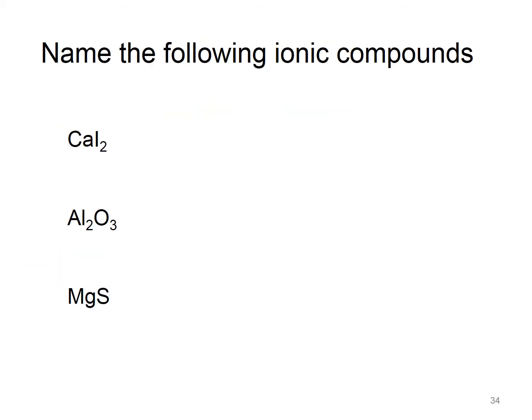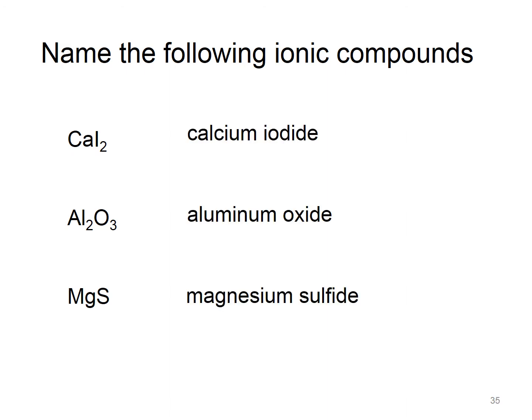Take a quick second and name these salts based on the ions available. Again, the number of ions does not matter here. We're just looking at what type of ions are available. We have a calcium ion and an iodide ion. +2 and 2 negative 1s makes calcium iodide.